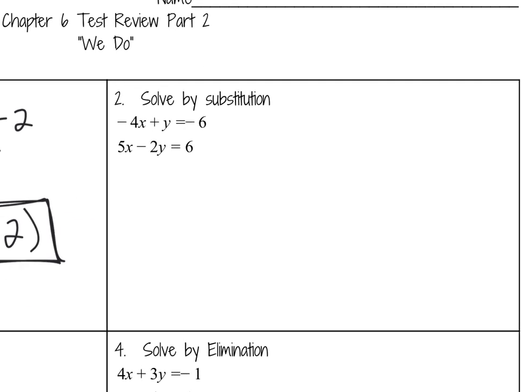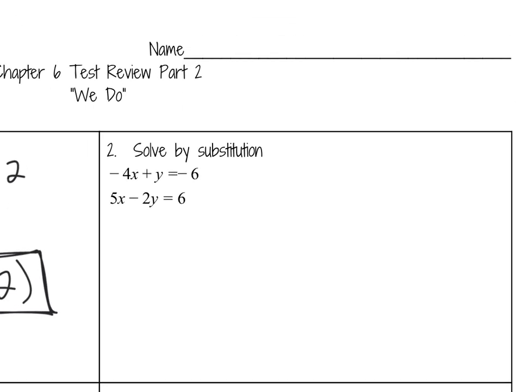If we hop over then to number 2, again, this one is solving by substitution. This time, however, one of my variables is not by itself, so I'm looking for a variable that has a coefficient of 1, and as I look at my problem, the only variable with a coefficient of 1 is this one right there, the y in the first equation.